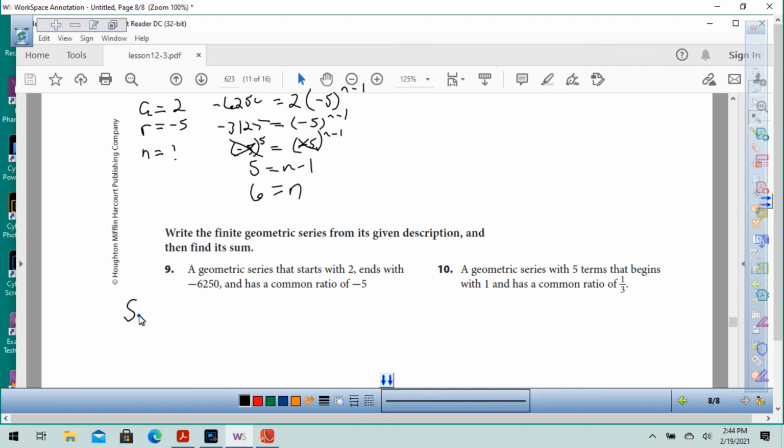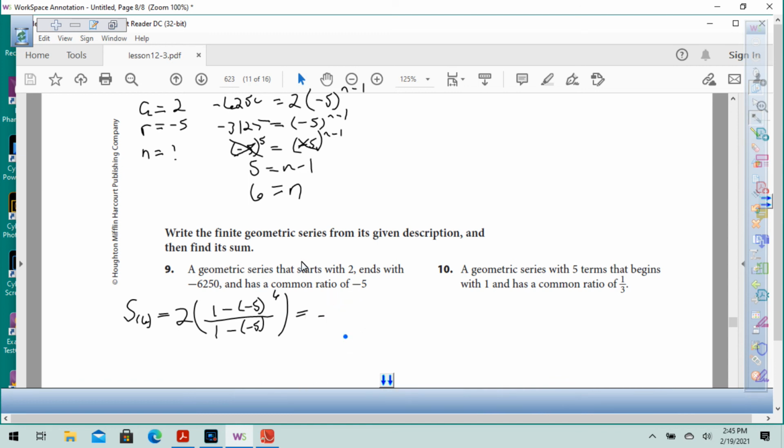So s sub 6 equals 2 times 1 minus negative 5 to the 6th power over 1 minus negative 5. And that's going to equal negative 5,208.